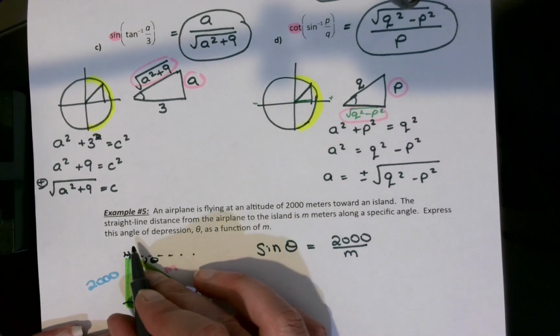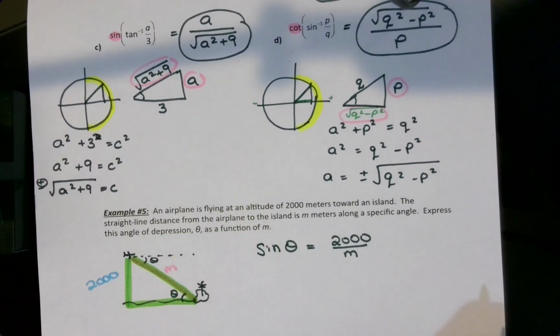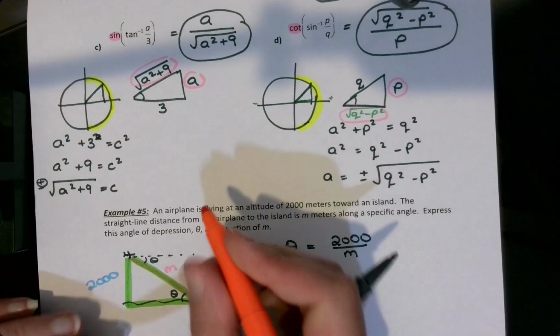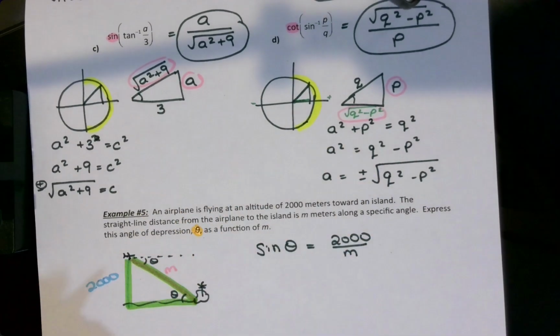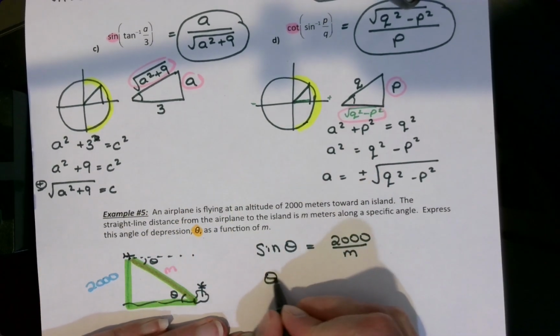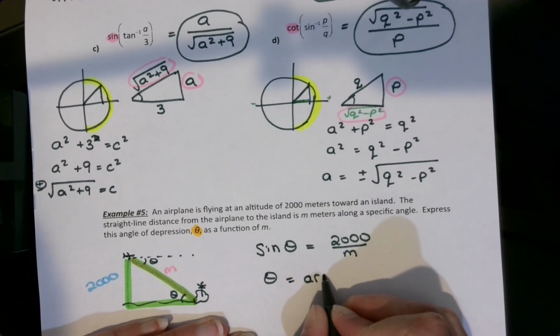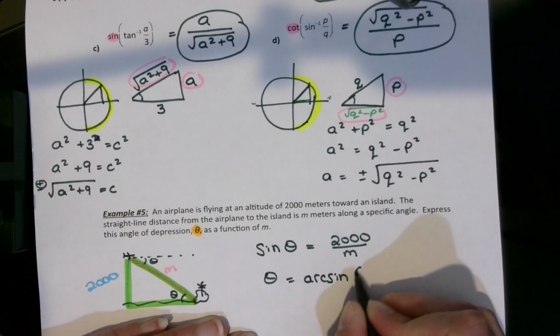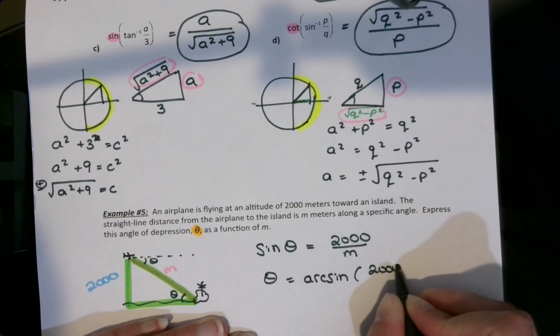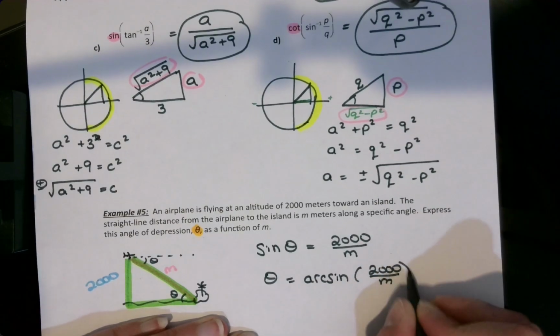I want to express the angle as a function of m, which means I need to solve for that angle. That's the thing I want to have. The angle needs to be my output. So the angle is going to be equal to the inverse sine, or the arc sine, of 2000 over m.